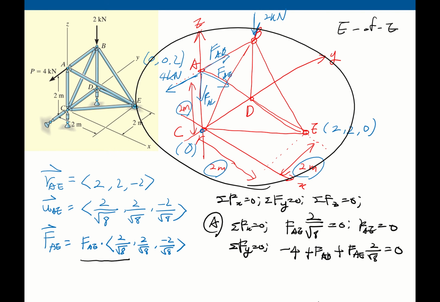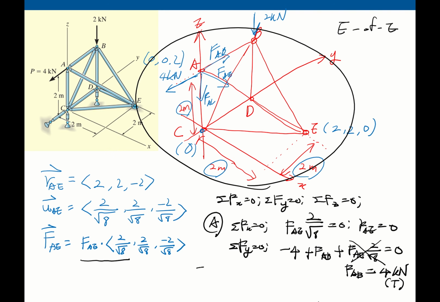This one equals 0. So since FAE is 0, that means FAB is equal to 4 kilonewton. And the direction is right, because there is no negative sign here. So our assumption was correct, which means member AB is in tension.